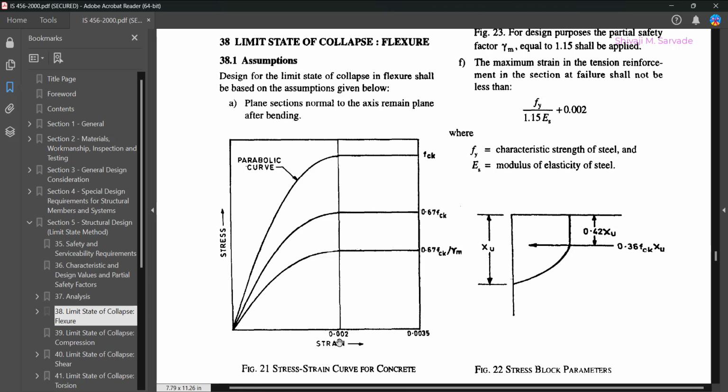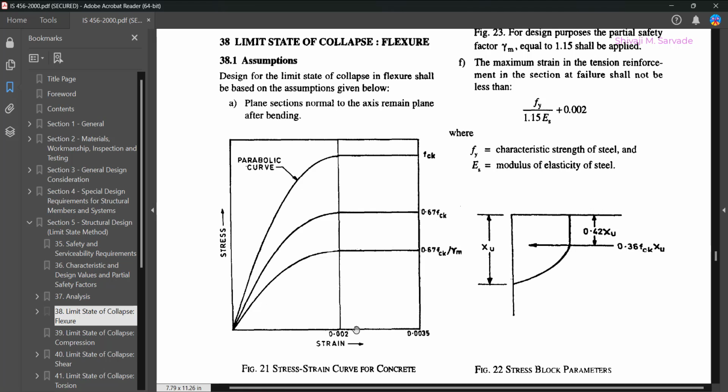So this is one point that we need to really plot on our diagram. After 0.002 strain up to 0.0035 strain, we have linear variation, and up to 0.002 strain from the origin or from the neutral axis, the distribution is parabolic in nature.